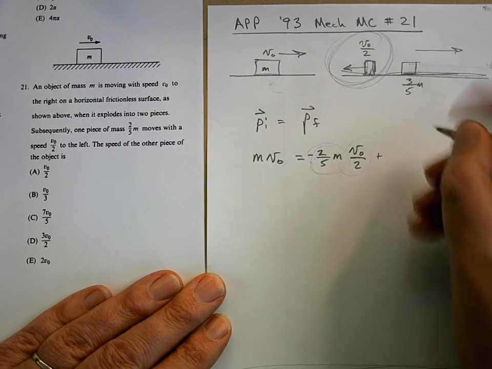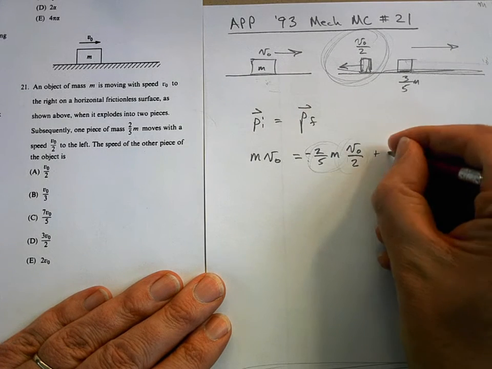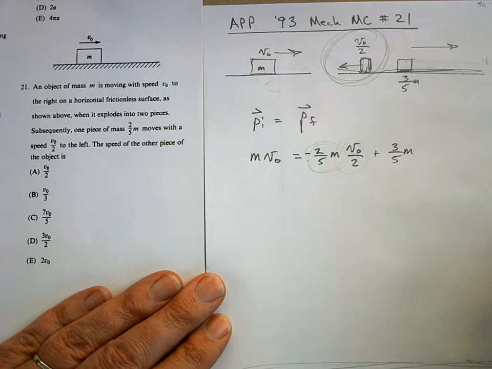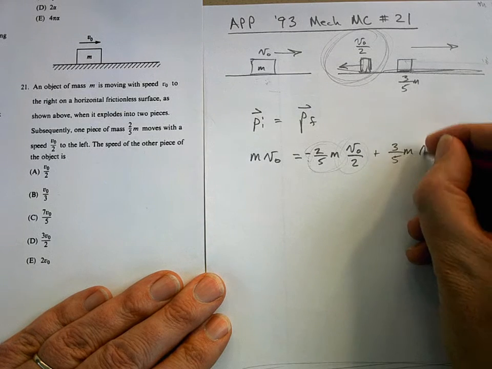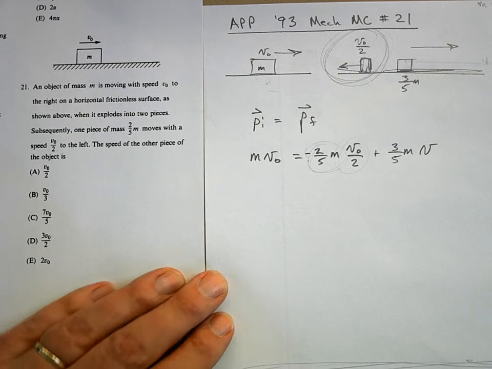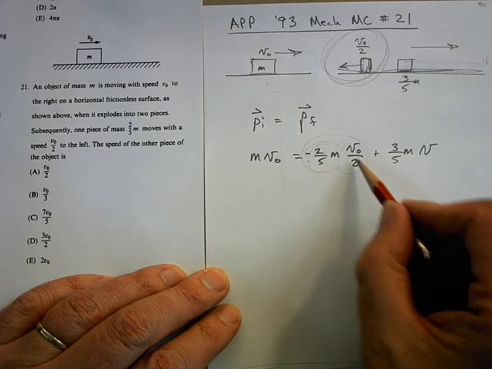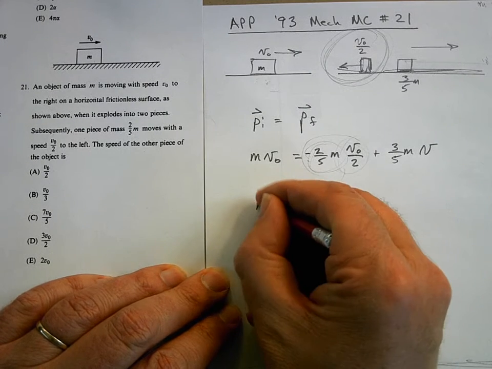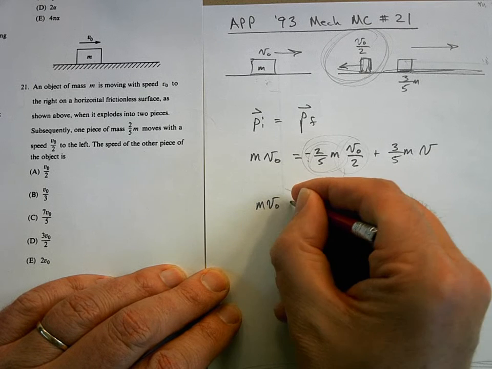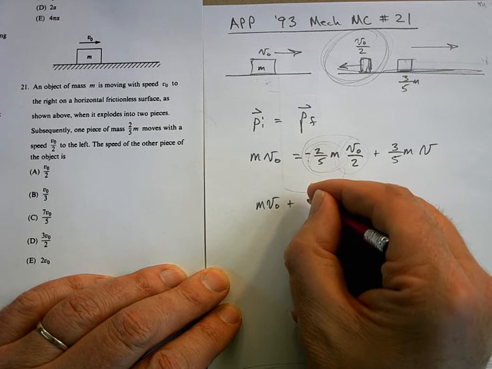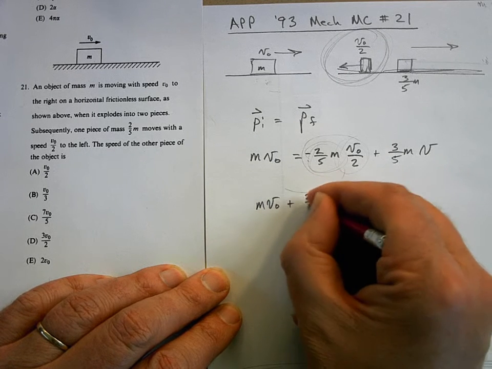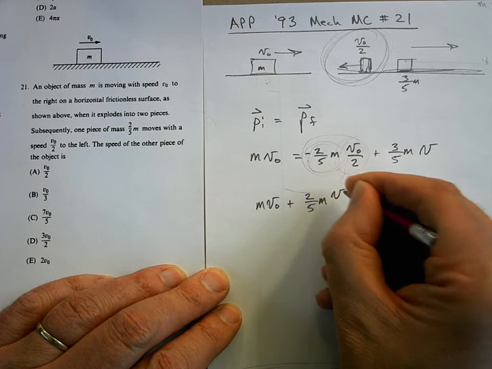And then plus, well, the rest of the mass is 3/5 of m, right? Times its velocity. I'll just call it velocity v, and that's our unknown. Now it's just algebra. We're going to add this to the other side. So we have m v0 plus 2/5 m v0 over 2.